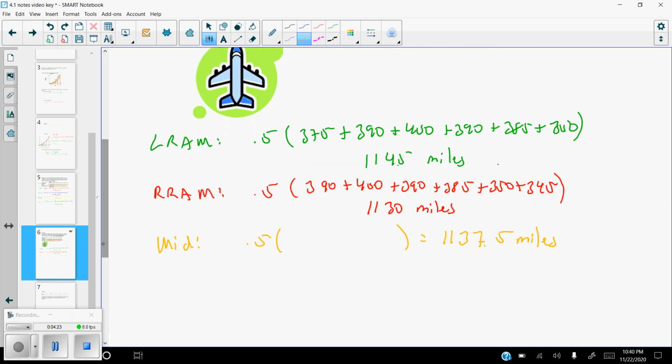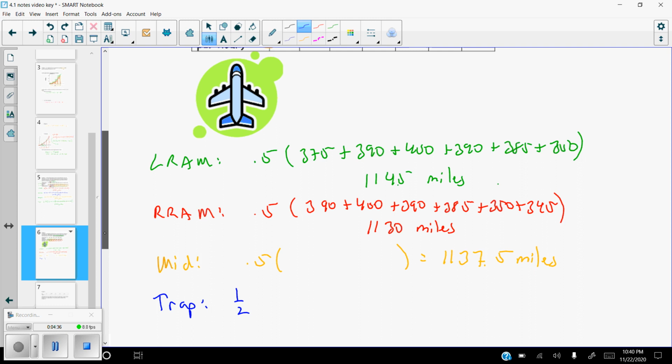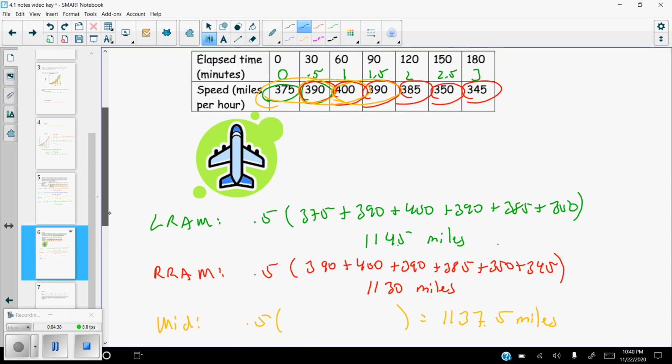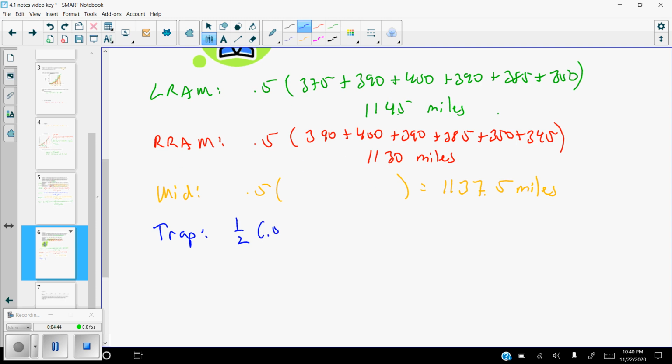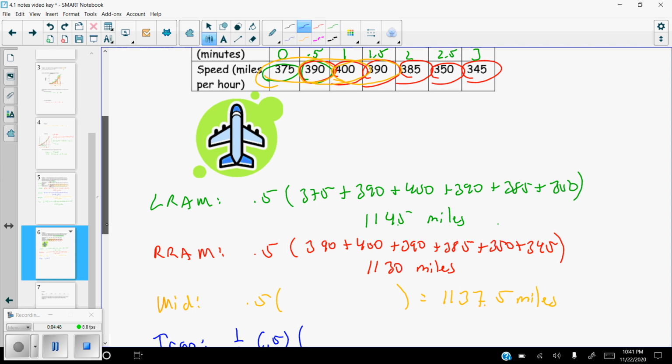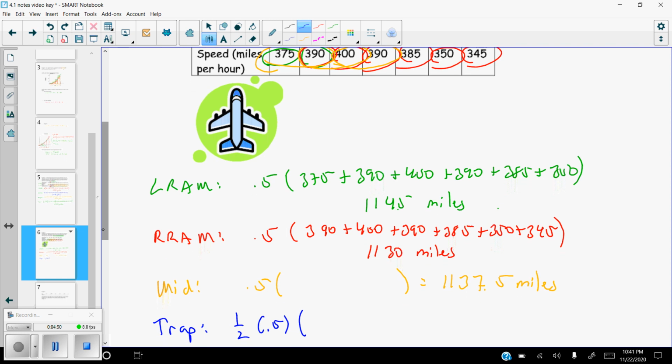And then the trapezoid method. Okay, this one I will at least write out for you. Remember, it's 1/2 the sum of all the bases times the heights. The heights in this case are the elapsed times, which is going to be 0.5, so those are all the same. And then we only need to add up the first and last base once and all the interior bases twice.